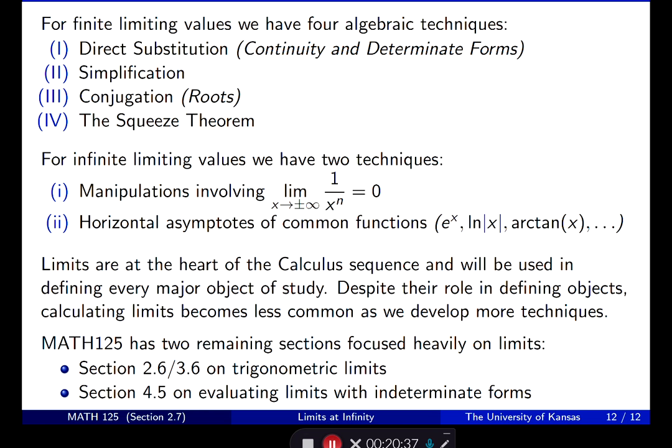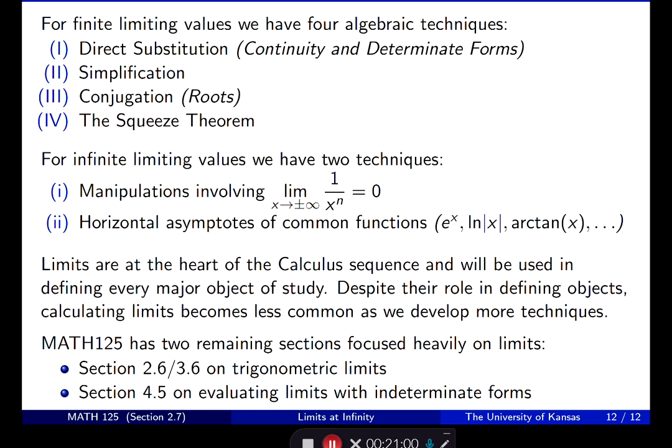In Math 125, there are 2 more sections devoted to limits, section 3.6 and section 4.5, which evaluate limits with indeterminate forms.